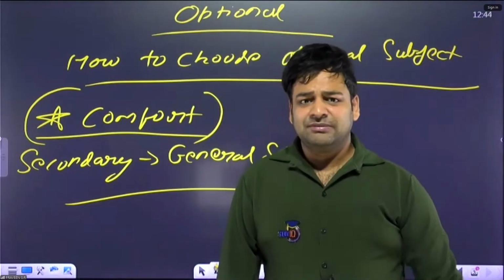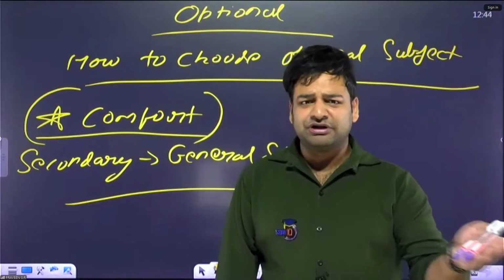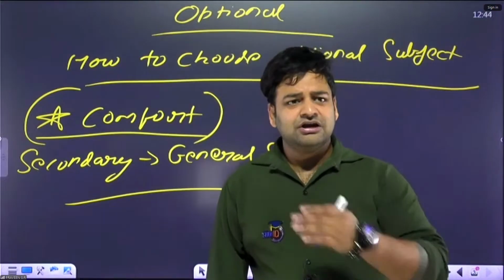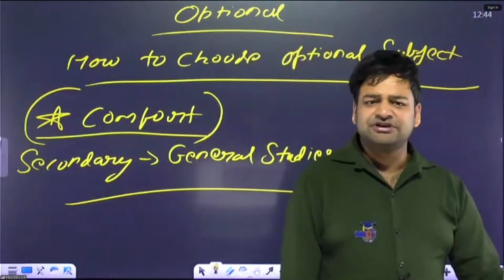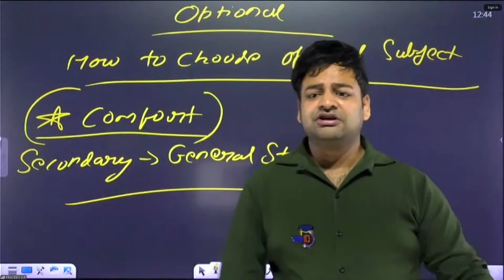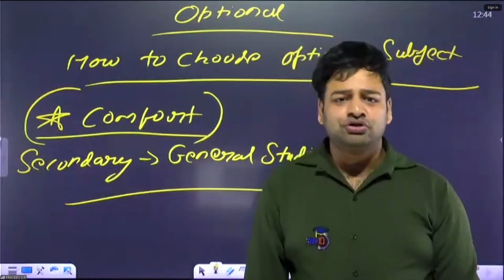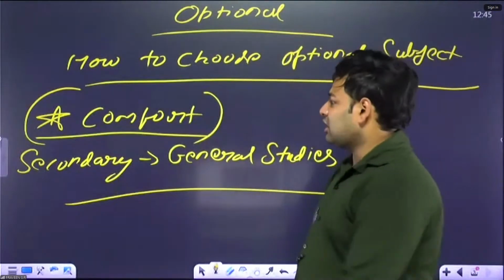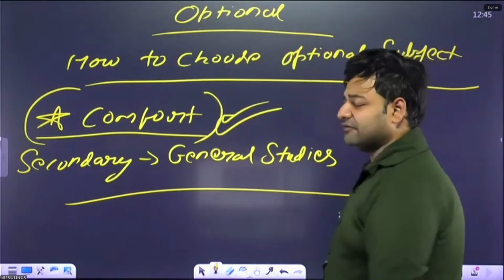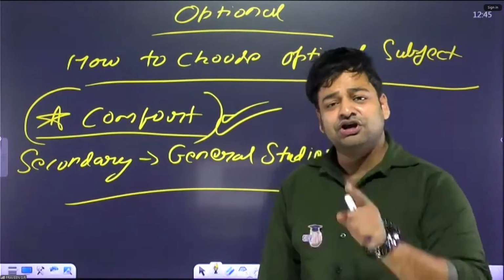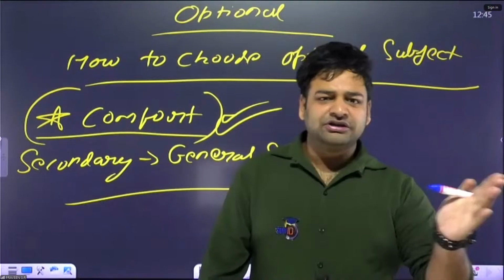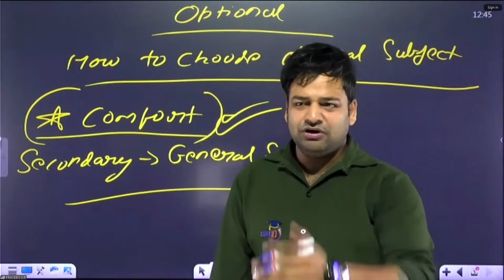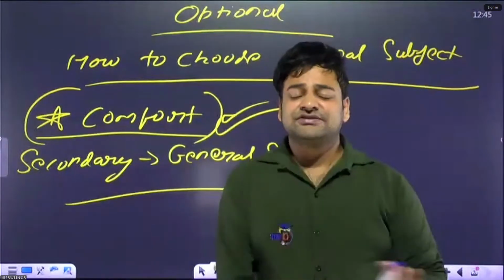That's it. Mathematics has provided you support only in the CSAT. Around the other GS subjects, it is nowhere related. Literally nowhere. So what you need to do is mark your comfort zone first. If you are comfortable in any subject, do take it. Don't worry about what people are saying, what this and that person is saying, just forget it.